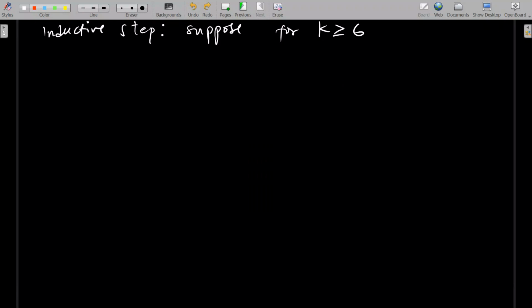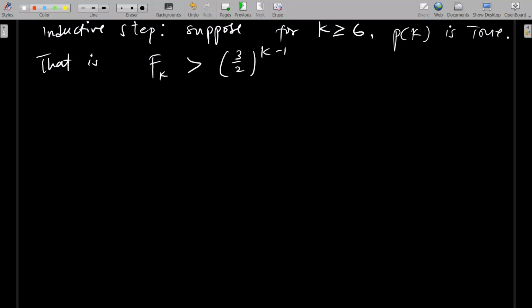So we actually did the first base case to be 6, so we just always choose this and work with that. P of k is true, so that is f sub k is greater than 3 over 2 to the power k minus 1, right?